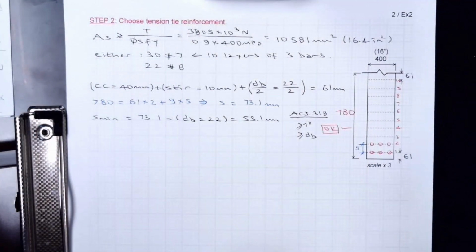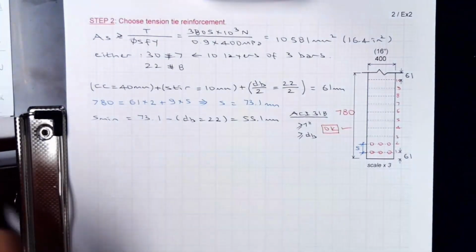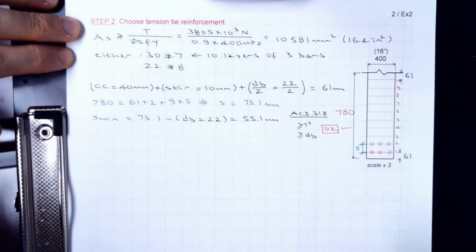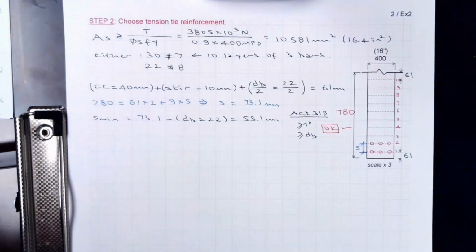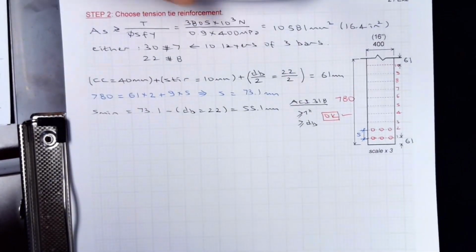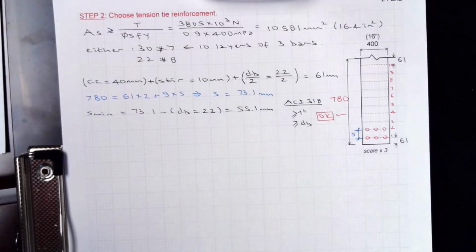So you can do this. You can set your reinforcement at the beginning, so that would eliminate any last minute issues. If you leave it to the last step, especially for such a narrow section, you might have some surprises at the last minute. So this is the final design. We are good. If everything passes, this is going to be the final reinforcement design for this example.